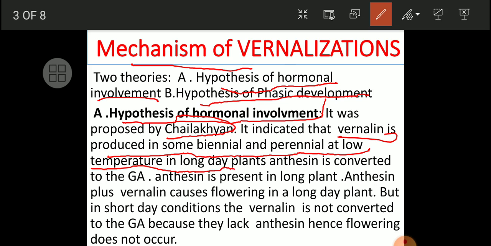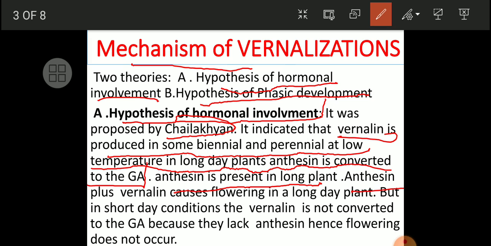In a long day plant, anthesin is converted into a GA. Anthesin is present in the long day plant, the plant which flowers after receiving long day conditions for the emission of flowering.